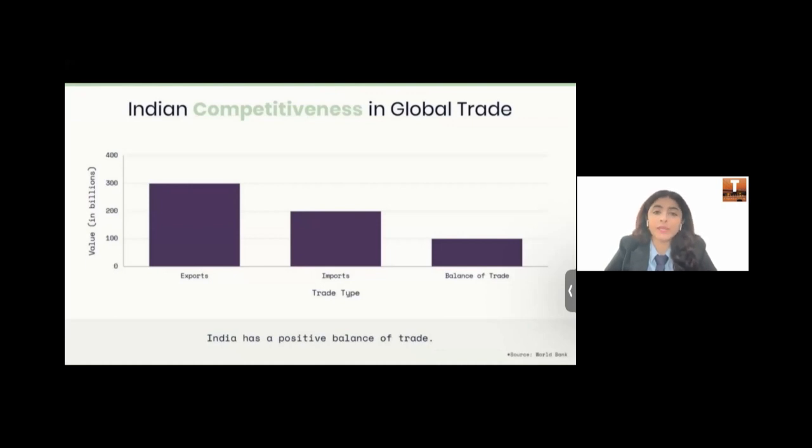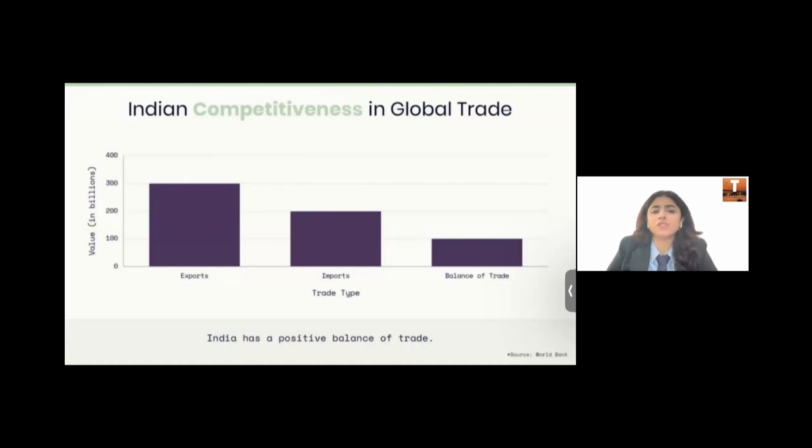Second factor would be economic growth, because India has been experiencing robust economic growth, making it an attractive destination for global trade. The country's GDP growth rate, coupled with ongoing economic reforms, has created a favorable business environment for trade and investment.